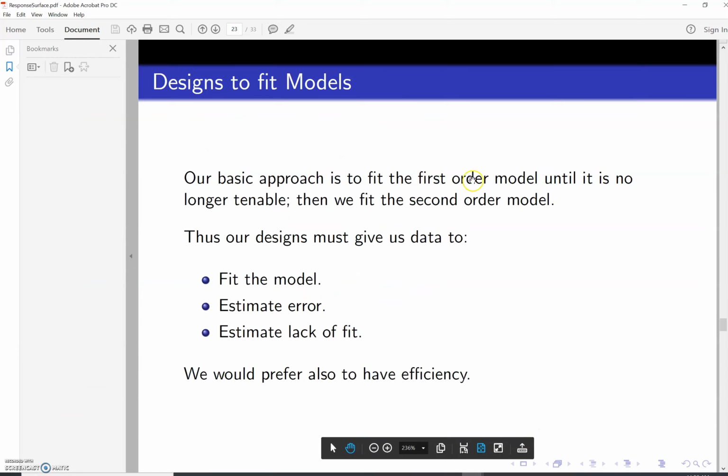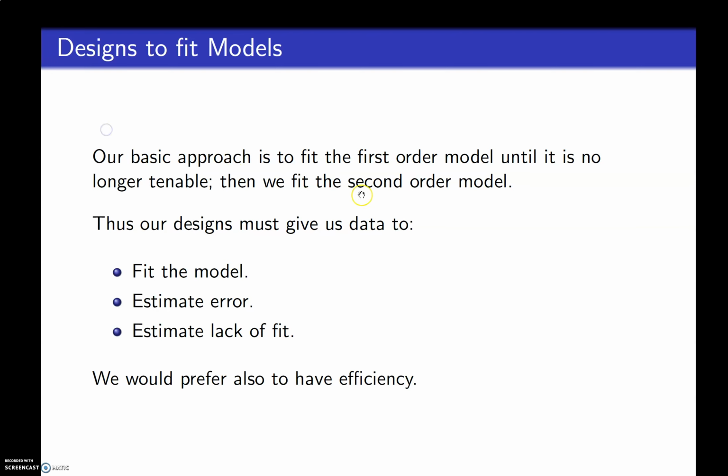Okay, we saw that first example for the cake baking experiment, and so I want to go back and see how it gets laid out in the textbook for testing. You could see that we assessed in that cake baking example the fit of the model, we estimated that error and then estimated the lack of fit. So remember, we had the 4 degrees of freedom for the whole error, for the total error.